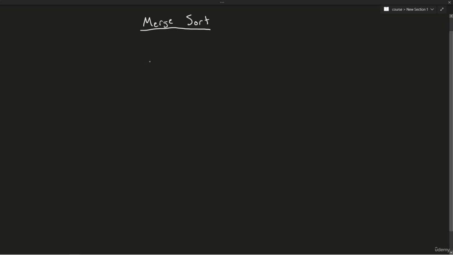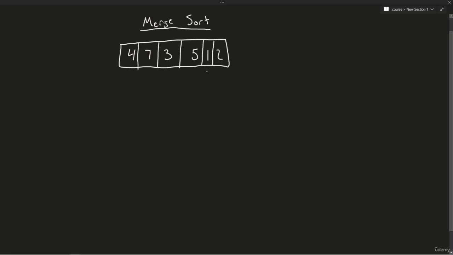At a very high level, we'll say that we have an array of 4, 7, 3, 5, 1, and 2. So this is our initial array right here. We have all of our elements, and we know that this is going to be divide and conquer.